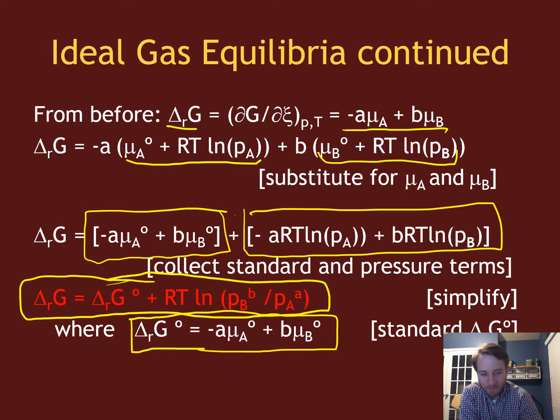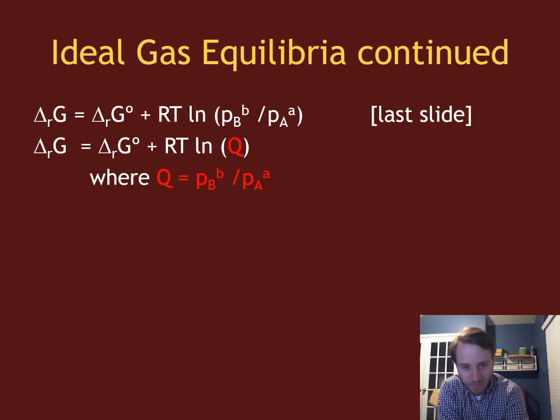This is true for any chemical reaction of ideal gases: the free energy change at any pressures of A and B can be related to the free energy change at standard pressures with this term RT ln of PB over PA, raised to their stoichiometric coefficients. That ratio, we're going to call Q, the reaction quotient.